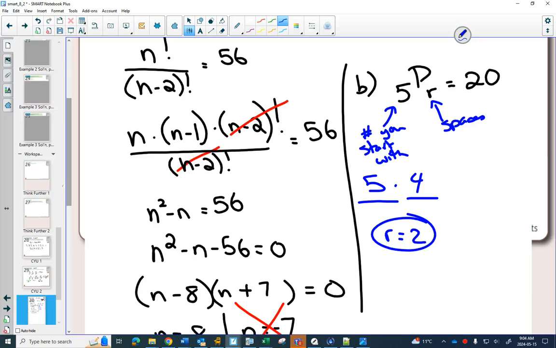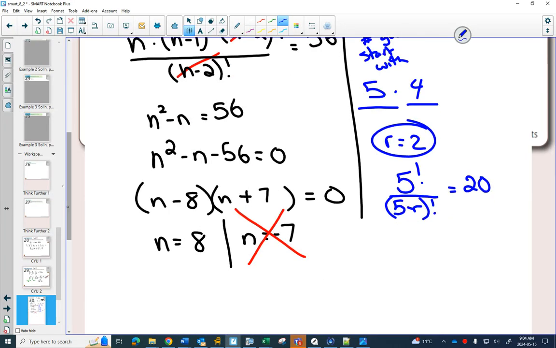Algebraically, you would have 5 factorial over 5 minus r factorial, which is confusing to do algebraic, equals 20. Because you would know that the bottom has to be smaller than the top, okay?